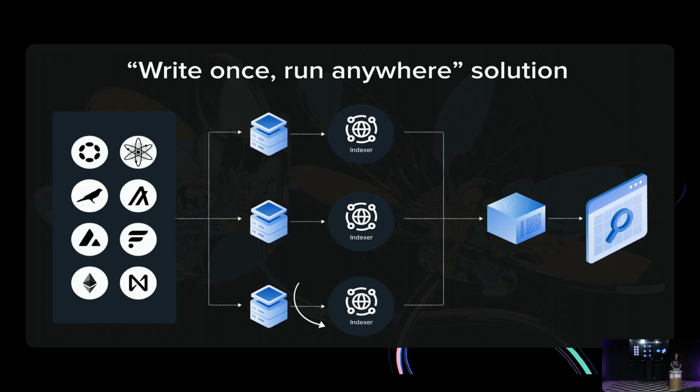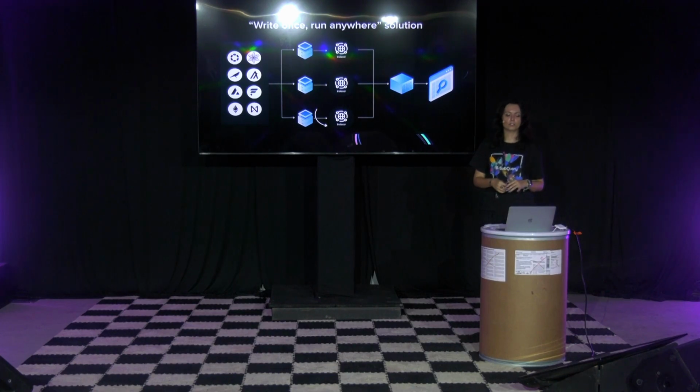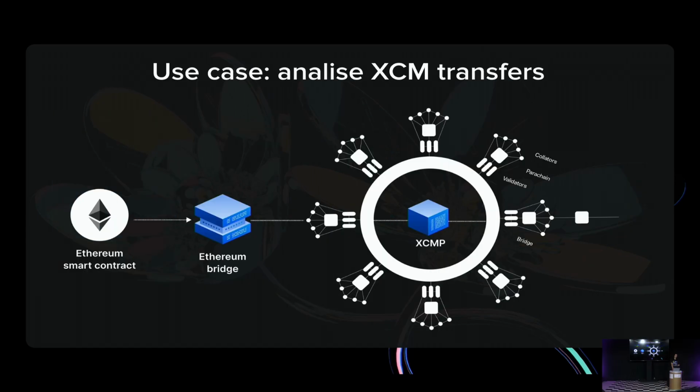The manifest file is the configuration file. We will see them in a second. But the schema, where you define objects in a database, and the mappings file, where the data transformation is happening, will be a single file that covers all of the different networks, right? So a simplified solution for a developer.